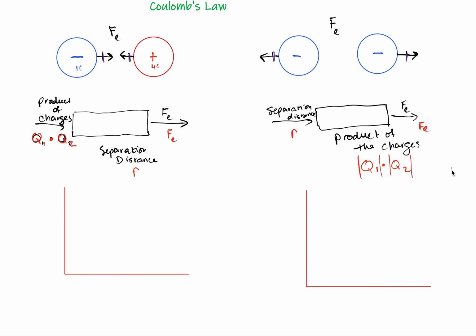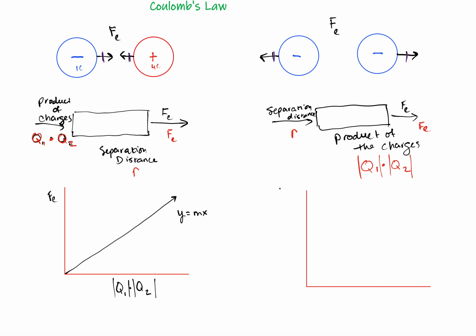Okay, and let's take a look at what the data showed. So if you did your experiment correctly, what we should have seen on the Fe versus Q1 times Q2 graph, and remember that this is an absolute value, was a direct proportion, something that followed y equals mx.